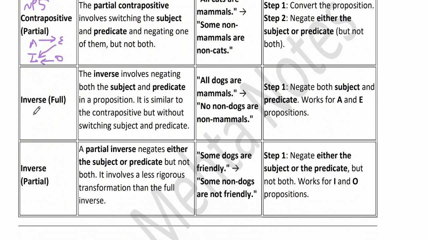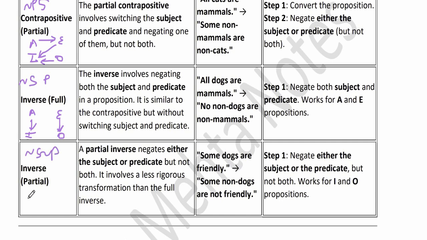For inverse, full, A, it's downward motion. So A goes to I and E goes to O. So I'm doing it very quickly here. And subject predicate, what happens is subject predicates are not interchanged. In fact, subject becomes complement and predicate remains as it is. In inverse, subject predicate both are complemented.